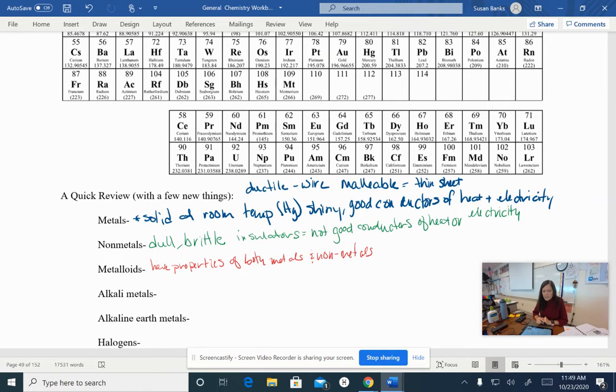They're not great conductors. They're not great insulators. They're not super dull, but they're not really flexible or malleable either. So they're kind of in between. Because of that, because they can conduct electricity, but you can kind of shut it off too, metalloids are used as semiconductors.